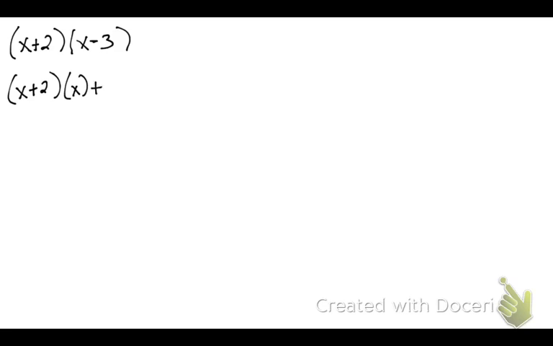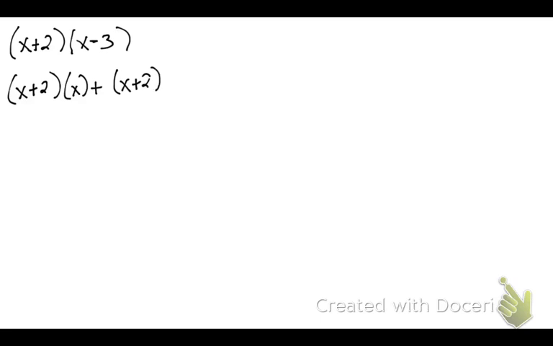So the first thing I want to remind you of is how you can do x plus 2 times x minus 3. I want to remind you that we use distribution. So we did x plus 2 times x plus x plus 2 times negative 3.